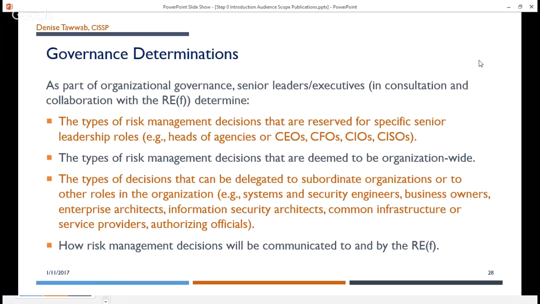The types of decisions that can be delegated to subordinate organizations or to other roles in the business is decided at the governance level. For example, systems and security engineers, your business owners, your enterprise architects, information security architects, service providers, and authorizing officials. You look at the list of decisions and you decide who's going to handle what. And also, governance determines how the risk management decisions will be communicated to the risk executive function and by the risk executive function.